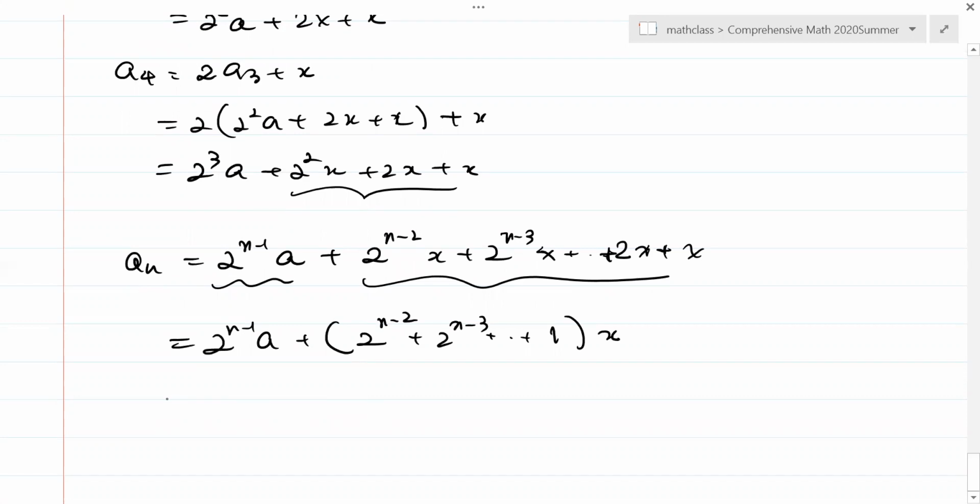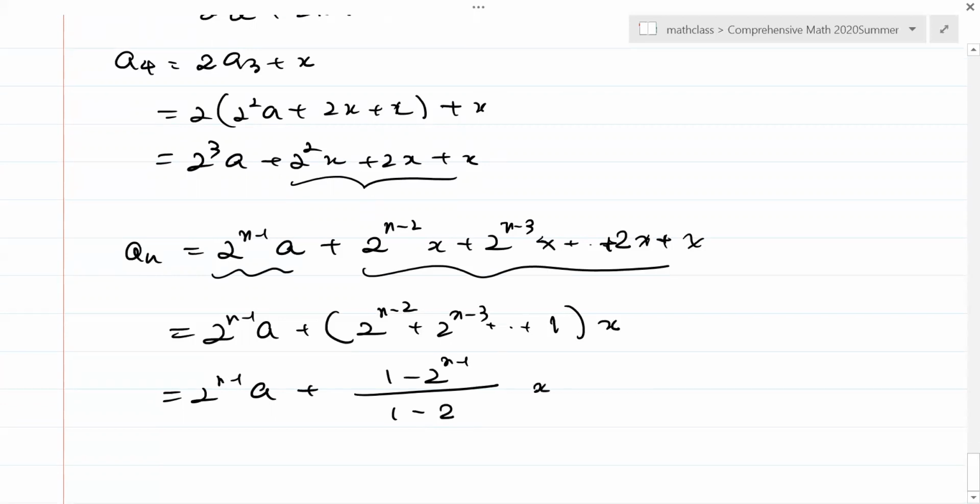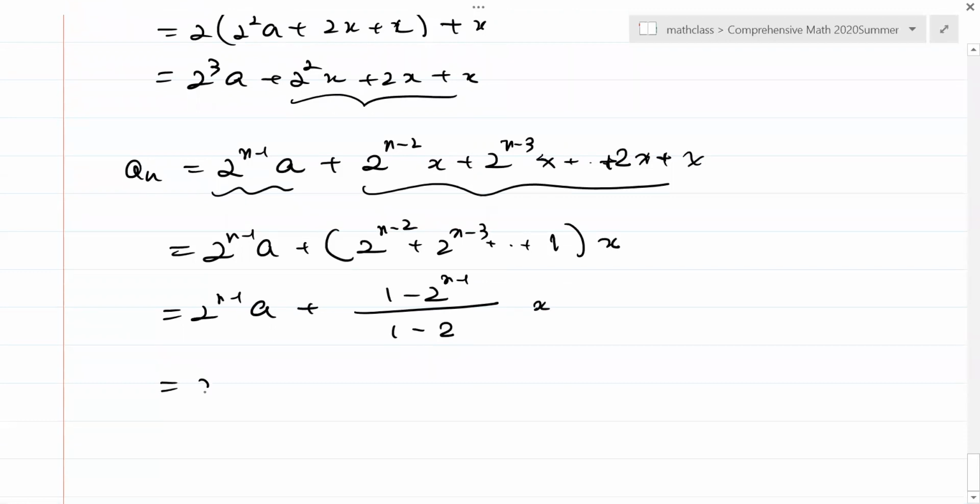It's geometric series. So add them together, use the formula we have. It's going to be, remember, 1 minus 2 to the n minus 2 plus 1, which is n minus 1. And the denominator is just negative 1. So I'm going to change the order. It's 2 to the n minus 1 times x. Right, so this is the general formula.